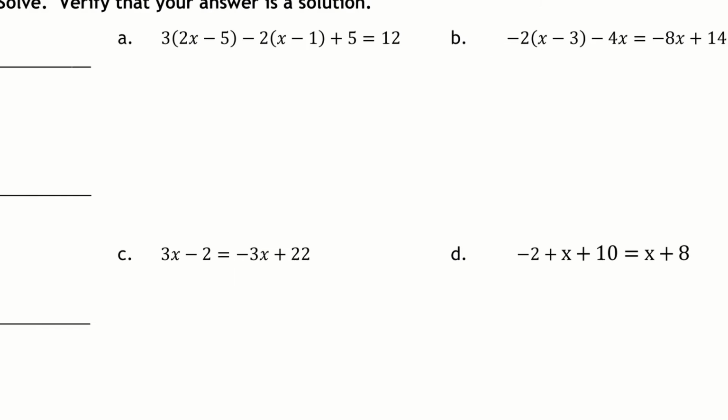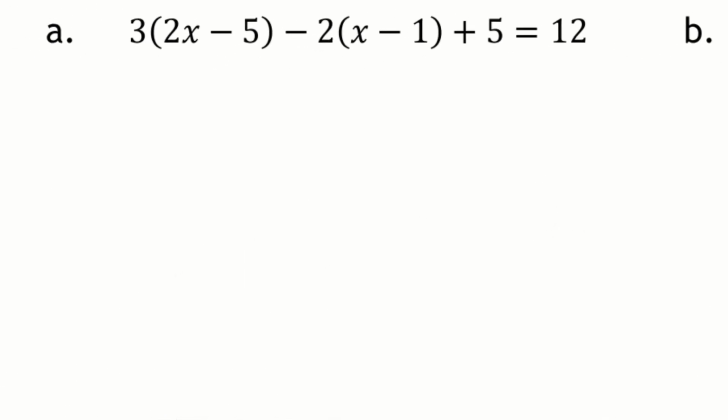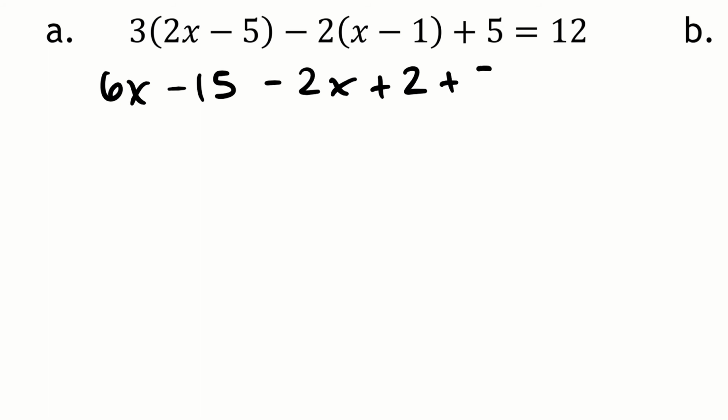Let's start with A. So in A, I'm going to begin by rewriting the left-hand side. And I'm going to rewrite the left-hand side using the distributive property. So this first chunk I can rewrite as 6 times x, that's 3 times 2 minus 15. And then I can write minus 2x plus 2 and then plus 5.